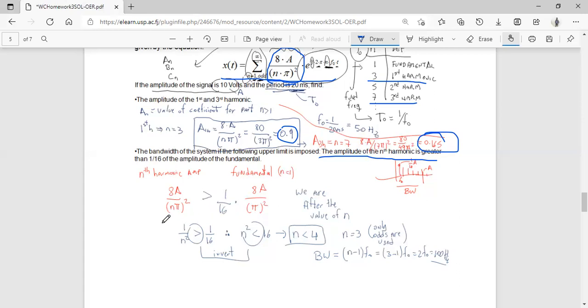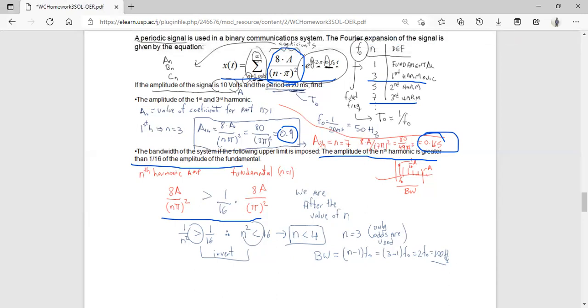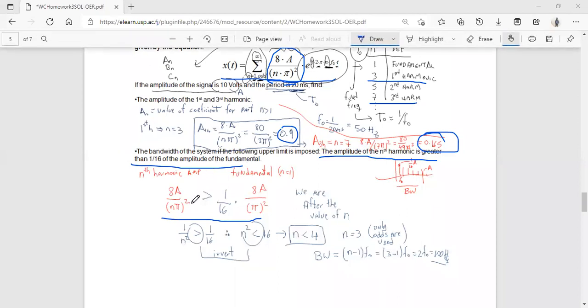So you understand how we get this equation? It is just from this highlighted, underlined statement. Is that fine, guys? Yes. Okay, so from this statement we can write our equation: 8 times a upon n times pi, whole thing squared.